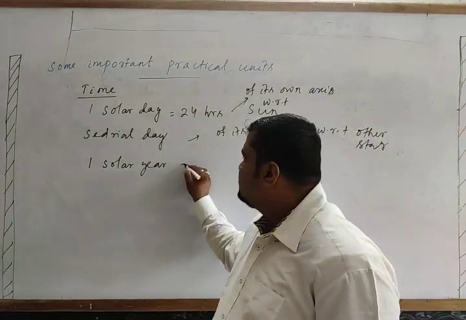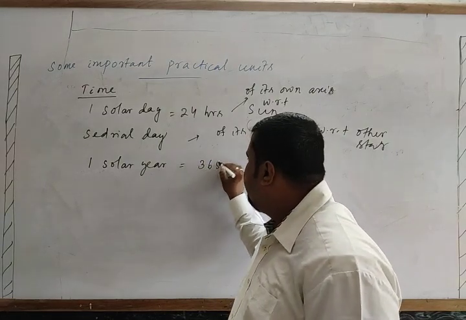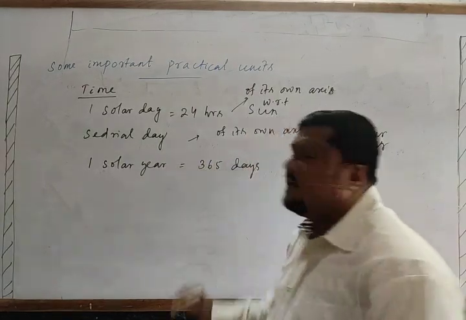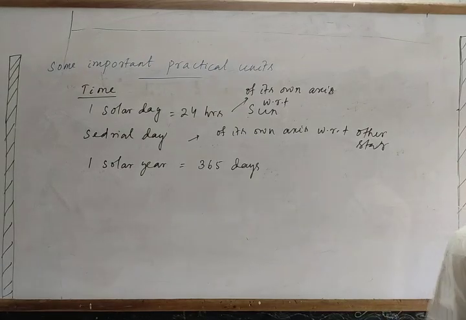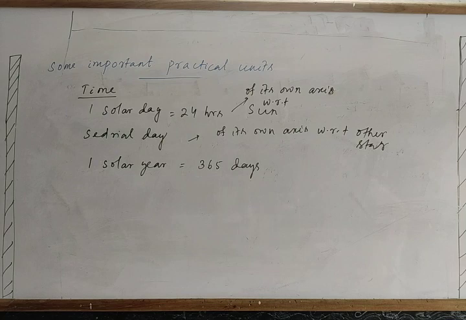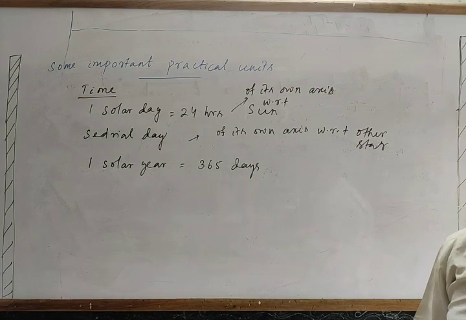Right? Already you know that. One solar year equal to around 365 days. Not exactly that, you can say, what is the exact value? One solar year equal to 365.25 average solar days.